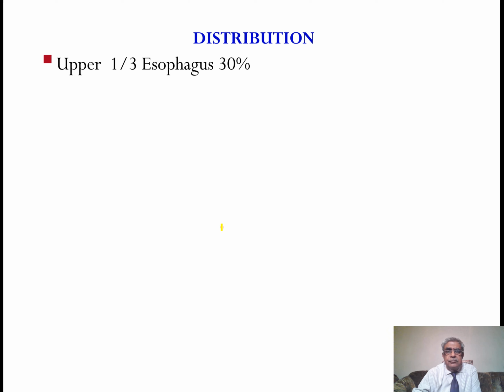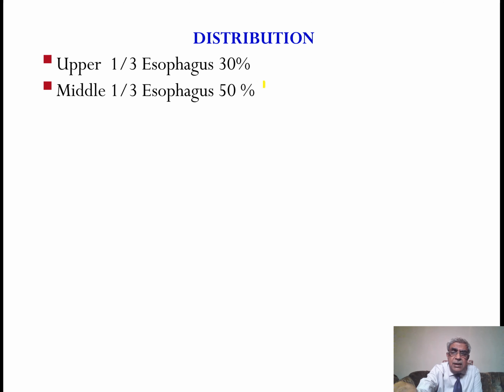Distribution: upper third 30%, that is in the upper one third of the esophagus it is 30%, middle one third 50%. That's why I called it the most common site, that is middle one third.